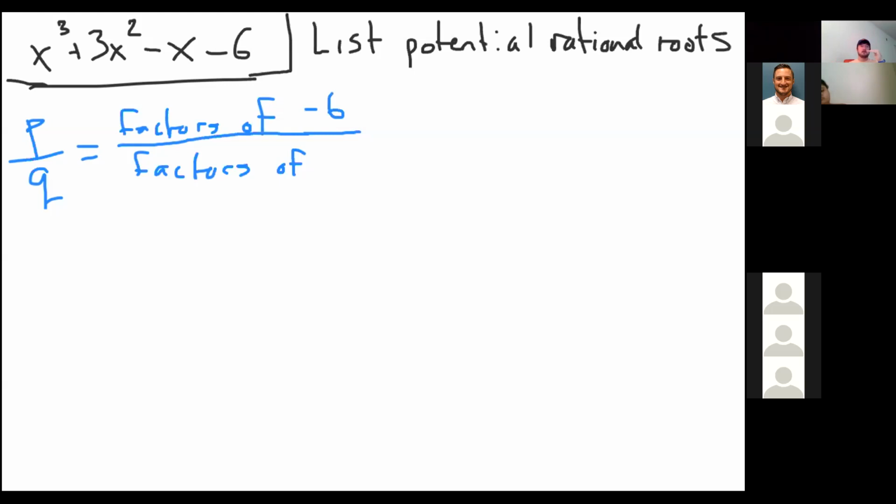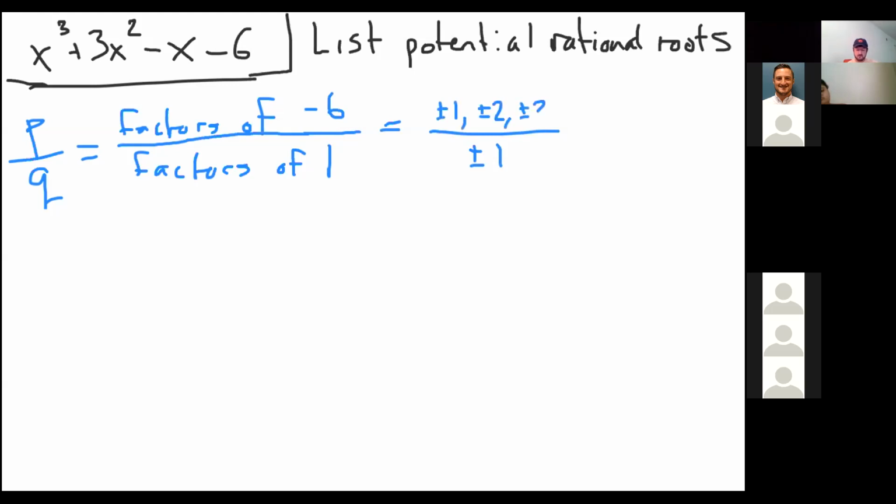What goes in the denominator is factors of my leading coefficient. Well, again, I have an x cubed term here, so it's just an x cubed. That means its coefficient is 1. So when I'm creating my list, I need to take all factors of -6 divided by all factors of 1. Well, in that denominator, factors of 1, relatively simple. The only things that can divide it are +1 and -1. Okay. Factors of -6, there's some more to it.